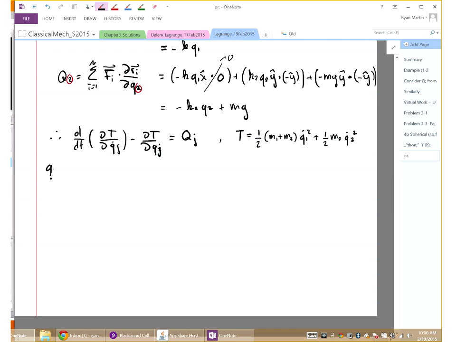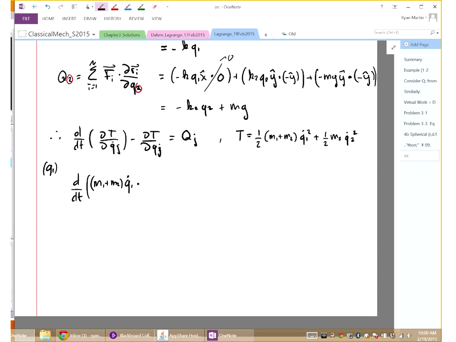So now let me do D'Alembert's equation for Q1. So instead of a Qj, I have Q1, right? So I have d/dt of ∂T/∂Q1 dot. So if I look at T, the term in Q1 dot is a half (m1 plus m2) Q1 dot squared. If I take ∂/∂Q1 dot of that, the 2's cancel from the derivative, and I have (m1 plus m2) times Q1 dot.